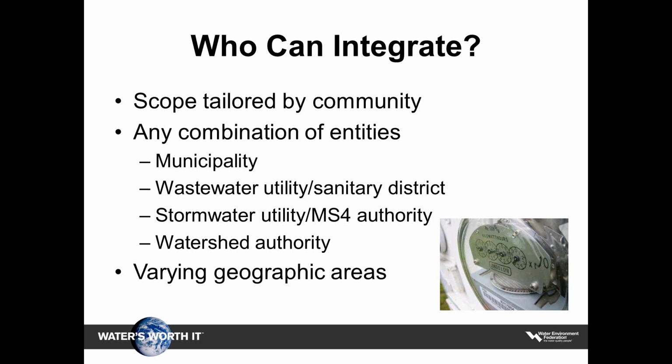It could be a wastewater utility or sanitary district by itself, a stormwater utility, a watershed authority, or any combination of those. In addition, you can talk about varying geographic areas. You can have a regional utility with its satellite communities. Anybody who is under a Clean Water Act enforcement action or not. Anyone who is negotiating a consent decree in an enforcement action, or even if you already have a consent decree, you can consider an integrated plan if you're thinking of renegotiating.